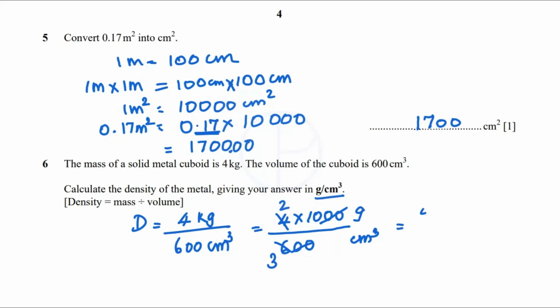So 20 divided by 3, which can be written as a mixed number, 6 remainder 2 over 3 gram per centimeter cube.